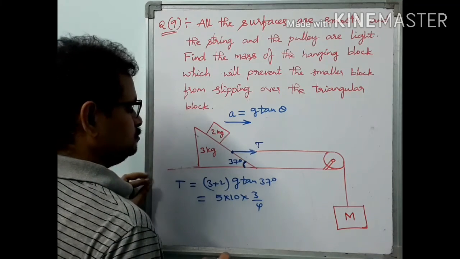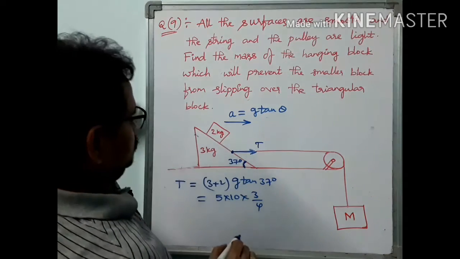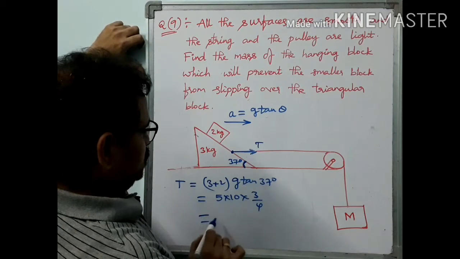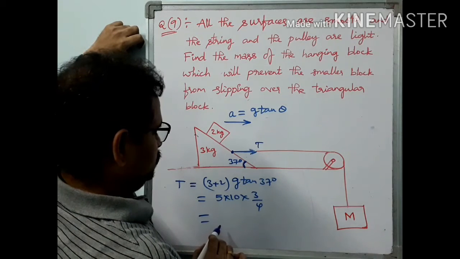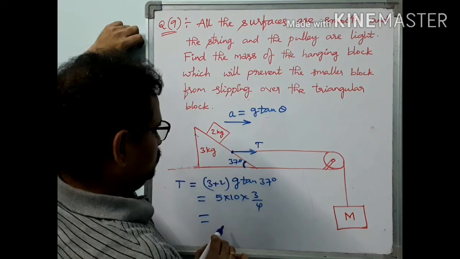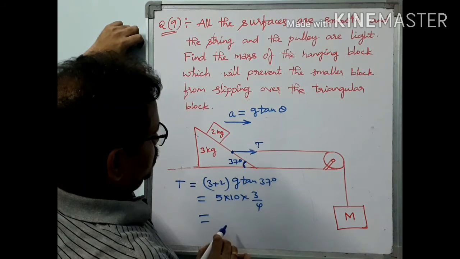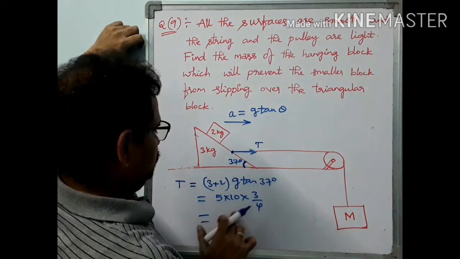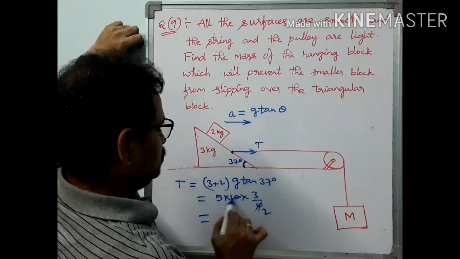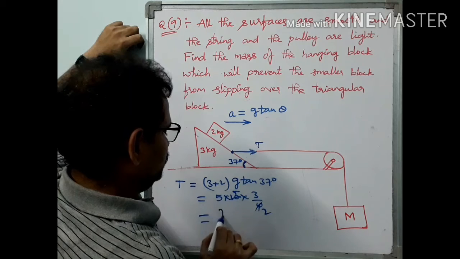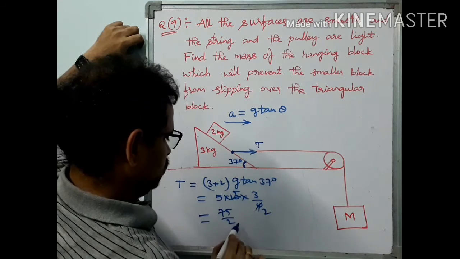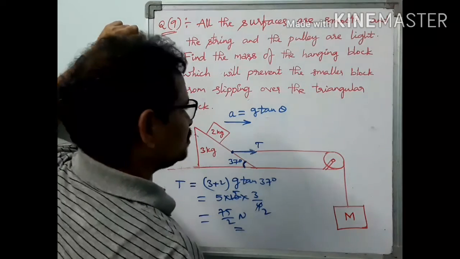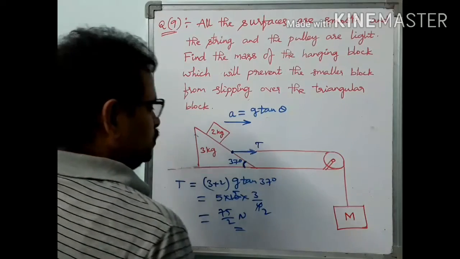So this is equal to 5 times 25, 75 by 2 newtons. So tension force is 75 by 2 newtons.